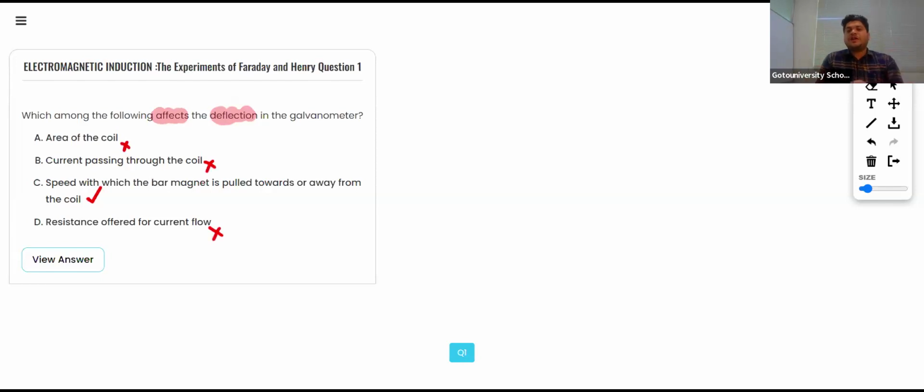We have to check the deflection. If you push the magnet with high speed, there will be a high deflection. If you remove the magnet slowly, there will be a slow deflection. So it depends on the speed.